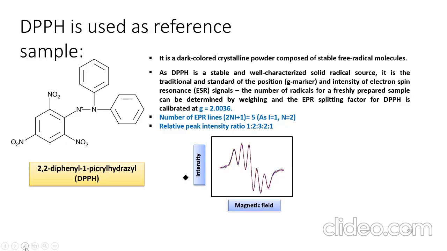If I plot it here, it will be first, then second, then third, then second, so 5 lines will be there. Those can be considered as lines also. Yeah, 1, then 2, then 3, then 4, then 5. So these are 5 EPR lines.